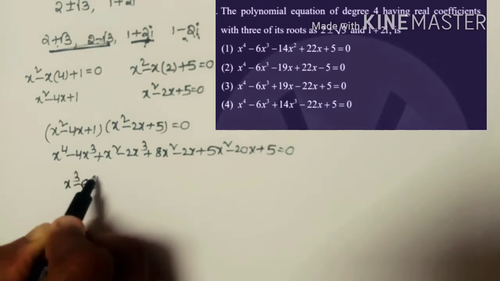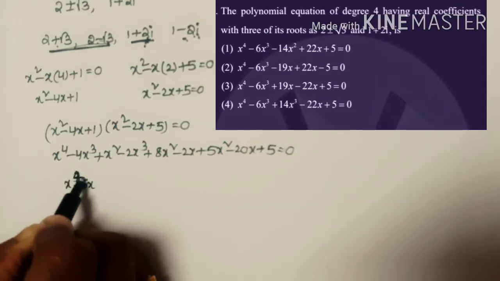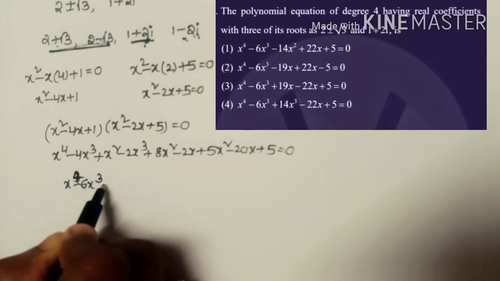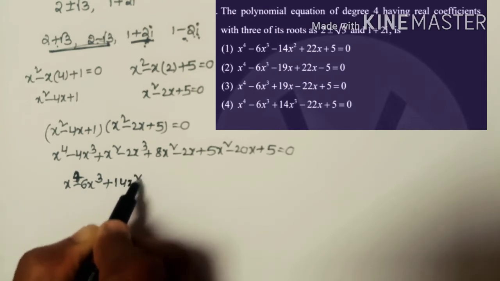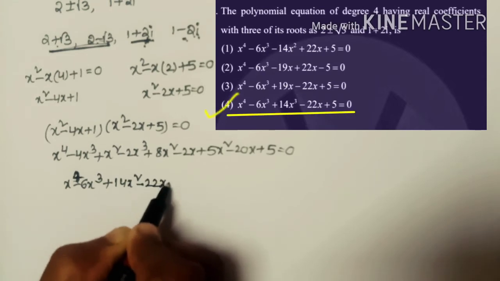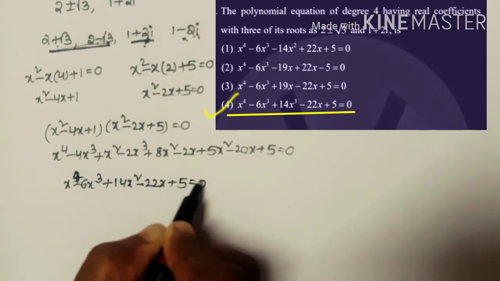That is x power 4 minus 6x cube plus 14x square minus 22x plus 5 equals to 0. That is the last option.